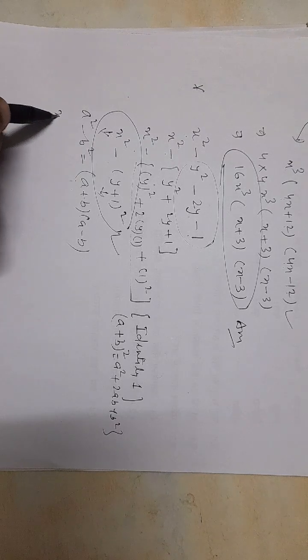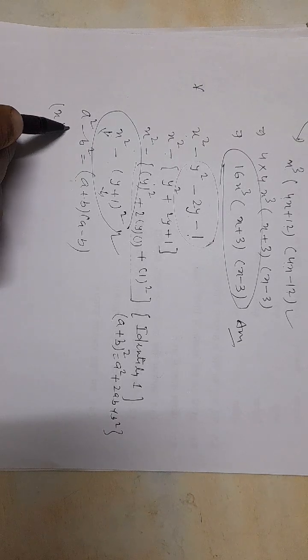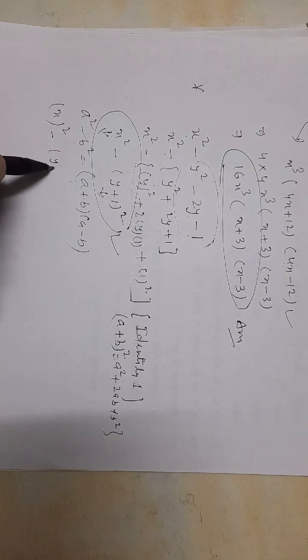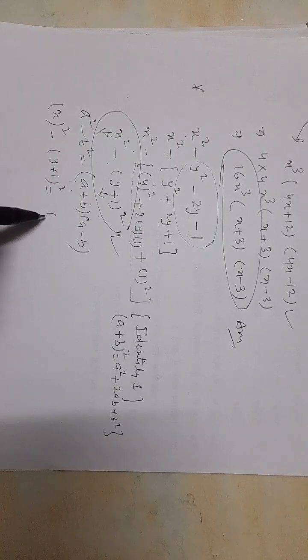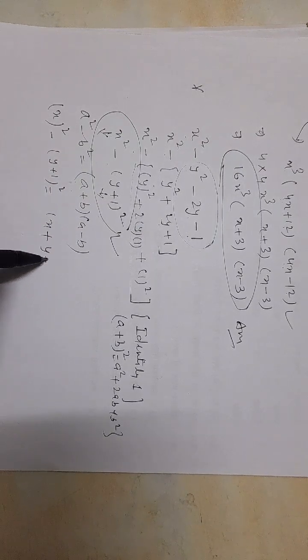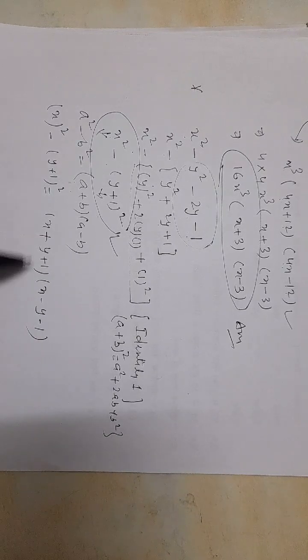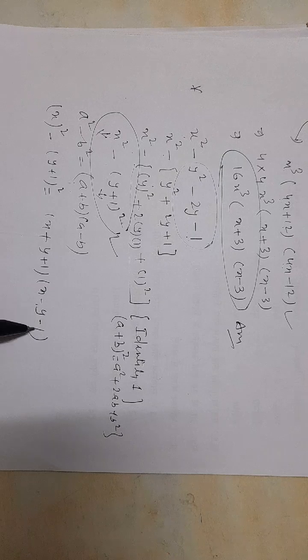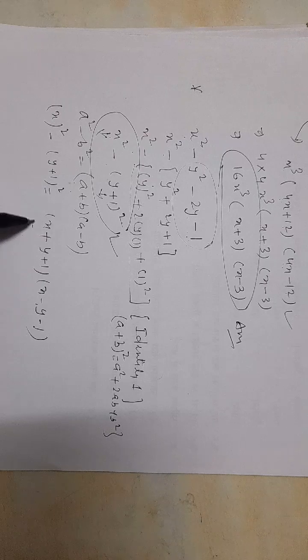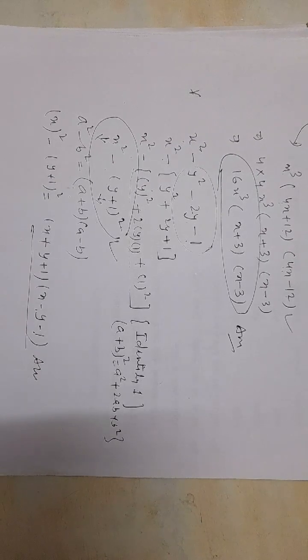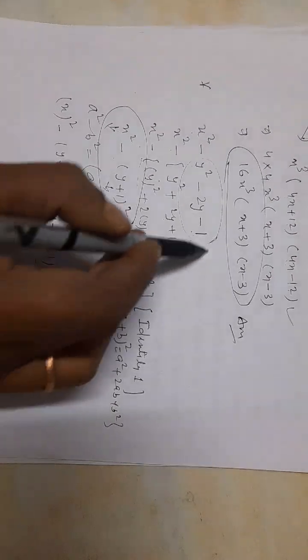So x square minus y plus 1 whole square, a plus b and a minus b. When you are putting minus here, definitely the last term will also change to minus. Right? This is a factor of this question.